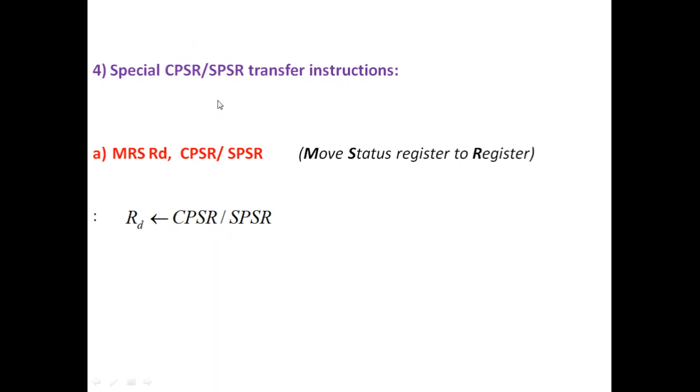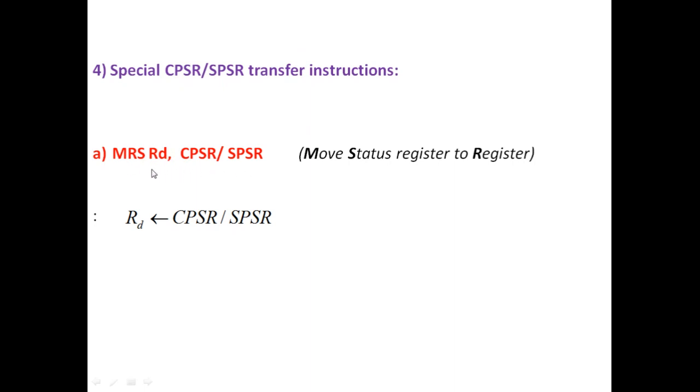Actually, whenever any of the bits in CPSR or SPSR are to be modified, then they cannot be modified directly. The procedure required is that the content of CPSR or SPSR should be first of all copied into a general purpose register, then the bit should be modified, and then that pattern should be put back into the CPSR or SPSR.